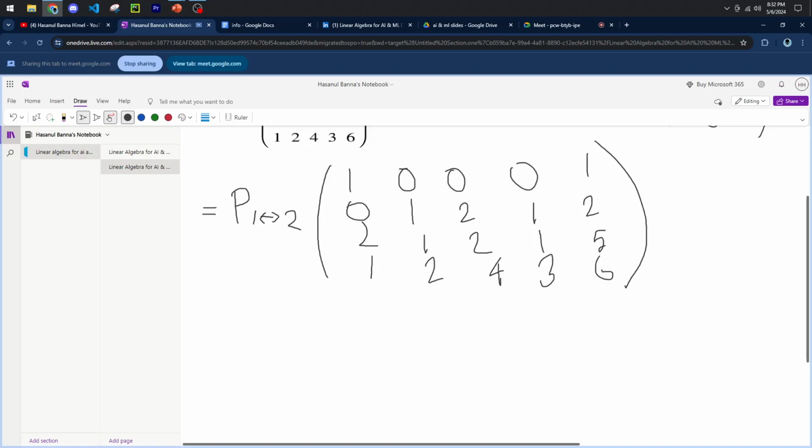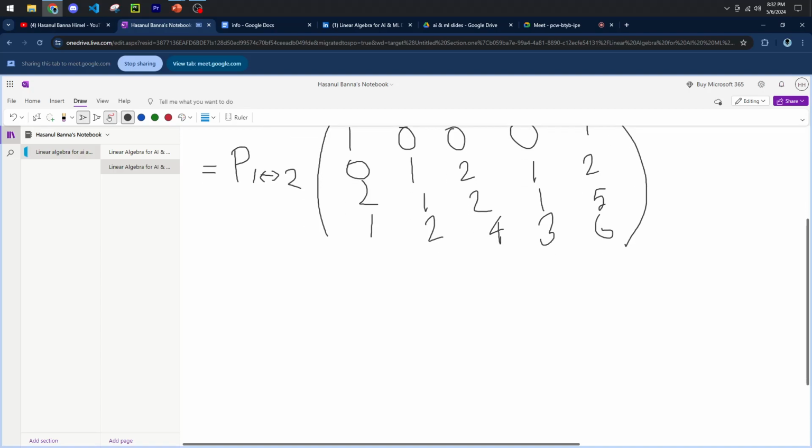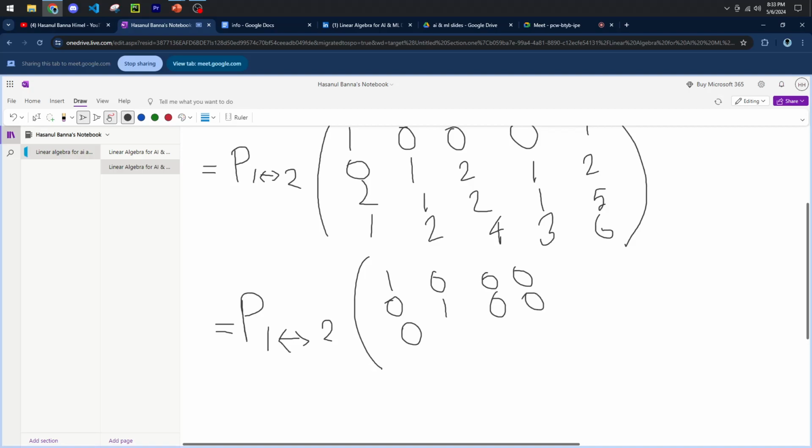Now let's get our identity matrix, which will be a 4x4 identity matrix. Here this part will remain the same, P1,2. Now let's write our 4x4 identity matrix: 1 0 0 0, 0 1 0 0, 0 0 1 0, and our last row will be 0 0 0 1.